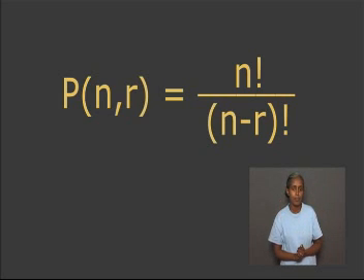It is given by this formula. P equals n factorial over n minus r factorial.